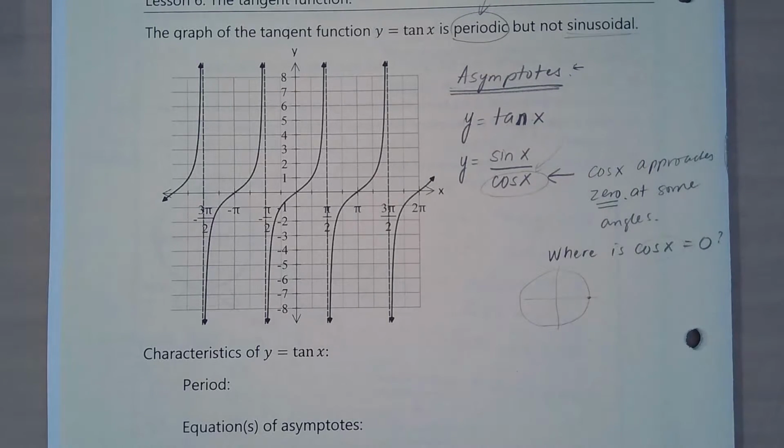So let's go back and take a look at our unit circle. Let me pull it out. Where is cos of x? This is something that we have to memorize, and I think last time we got away without it. Where is cos of x 0?